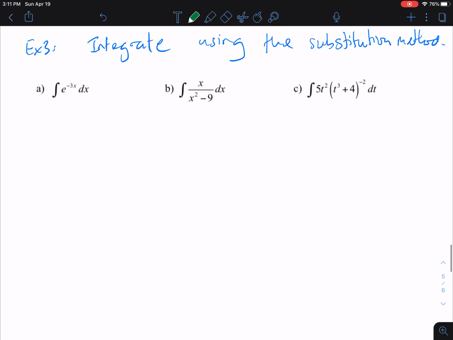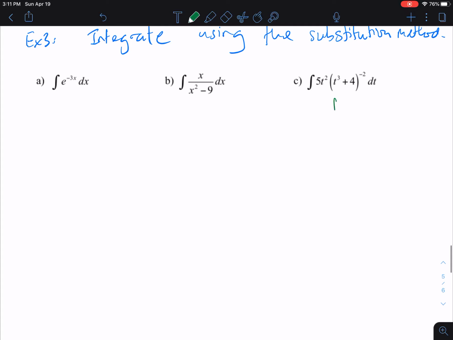So keep in mind we have the antiderivative rules that we learned last lesson. Our goal, when we do this type of substitution method, is to try to get into one of these forms so that we can apply the antiderivative rule.